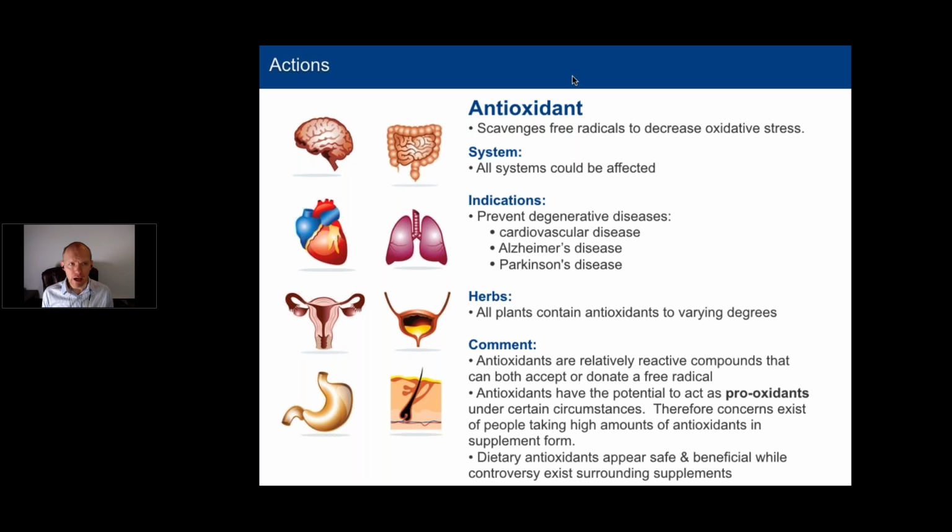although they help scavenge free radicals, in addition to that, they play a role with interacting with various enzymes or receptors in the body. And so in addition to acting as antioxidants, they may have an effect on, let's say, certain enzymes that are involved with inflammation, or they may affect certain enzymes that are involved with the expression of certain types of DNA.